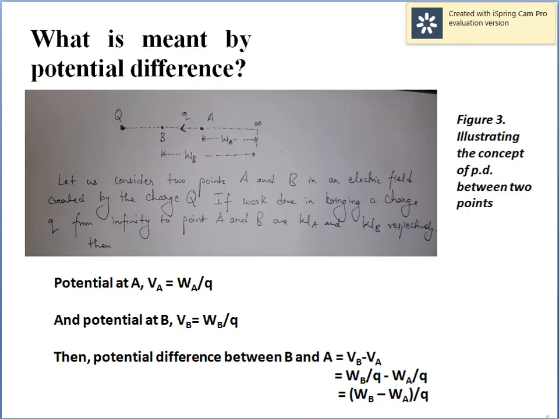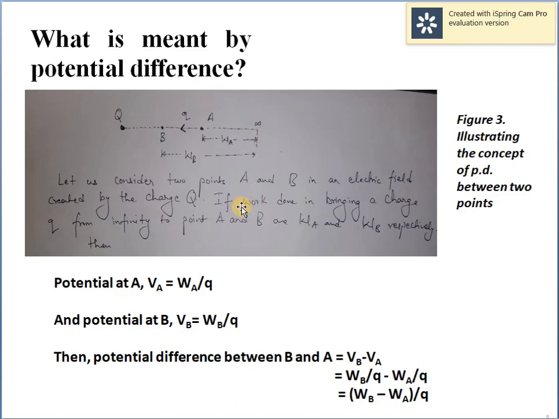Let us consider 2 points, A and B, as illustrated in figure 3, which are present in an electric field created by charge Q. So this is charge Q, which is creating an electric field around it, and this is the point of infinity.